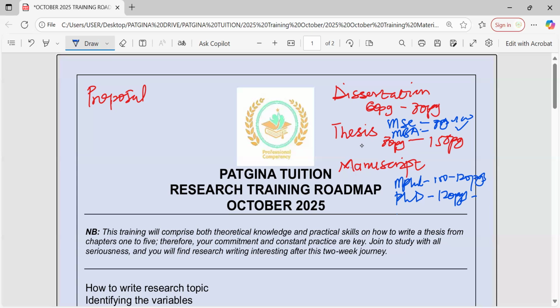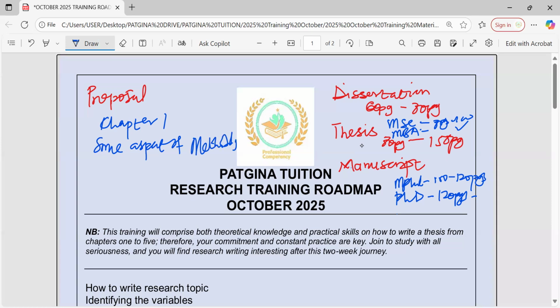For proposal, most often it takes chapter 1. That is how proposal is most often taking the chapter 1. Then you bring some aspects of methodology in the proposal.